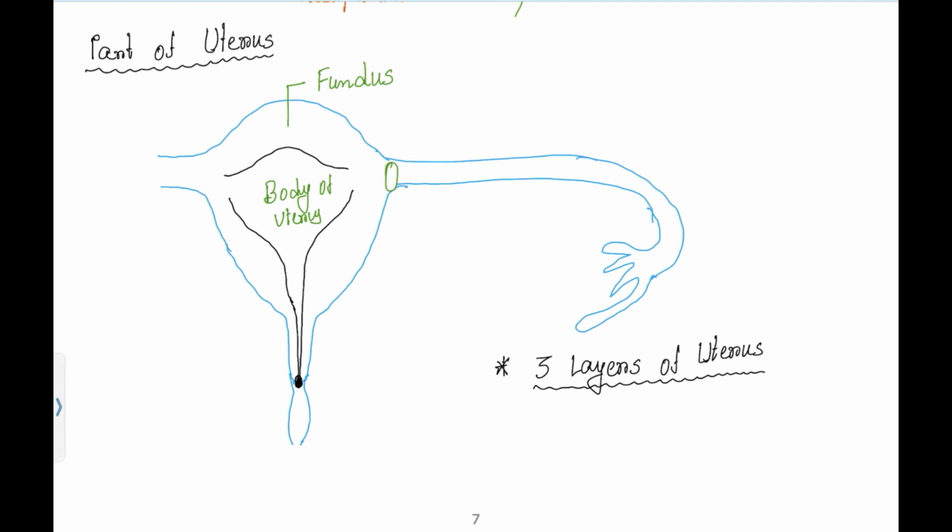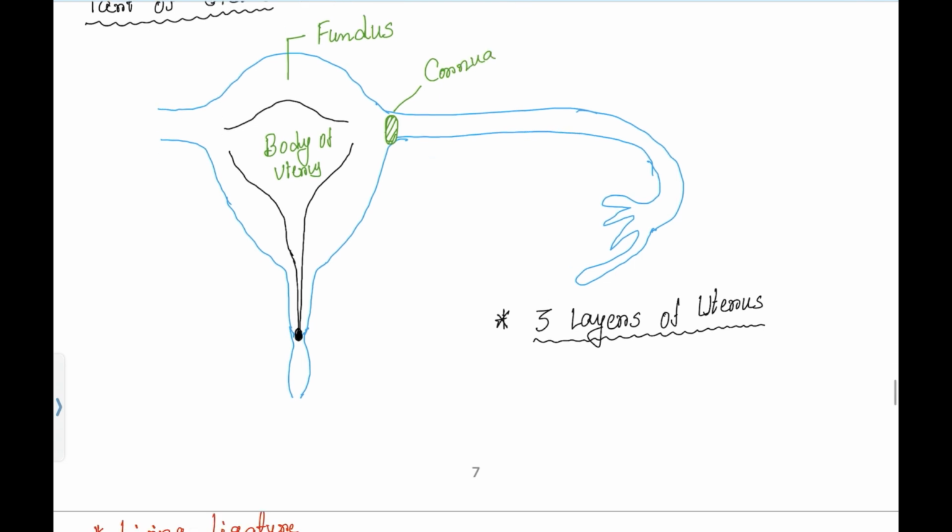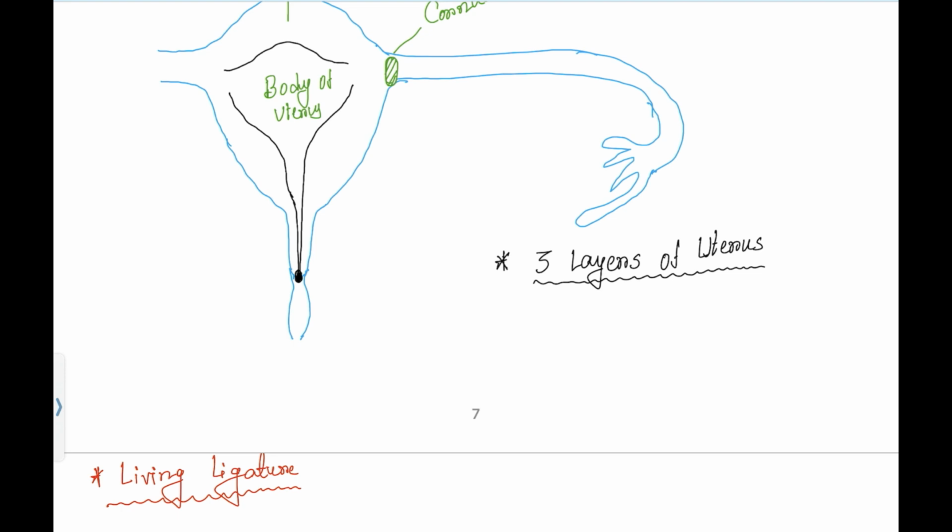In this portion, this angle of the uterus is called cornua, and this is also one important part. Now this is the isthmus, the lower part of the uterus. This hole-like structure is called the internal os, and this one is your cervix.